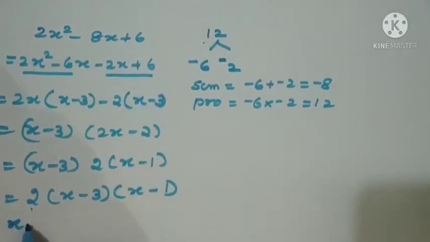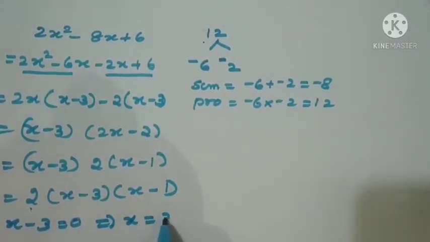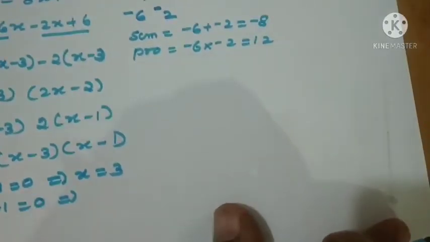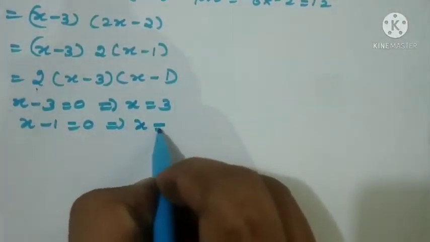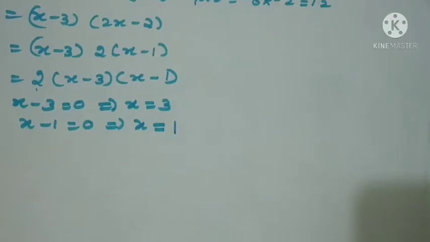So x minus 3 equal to 0 means x equals 3, and x minus 1 equal to 0 means x equals 1. So we got the two zeros, 1 and 3. Now we want to find the relationship between the zeros and the coefficients.